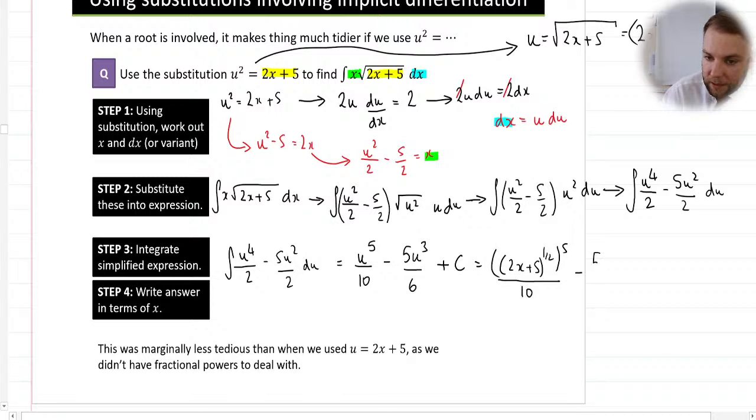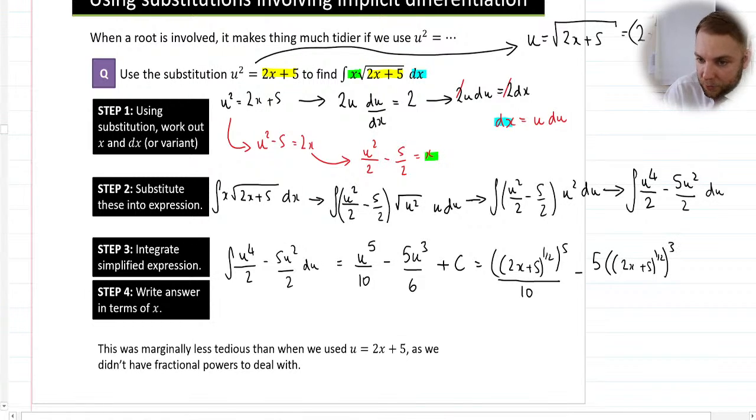Minus 5 times by 2x plus 5. Now, you could have just done this all in one. I've decided not to do that, just to show that I'm directly replacing this.